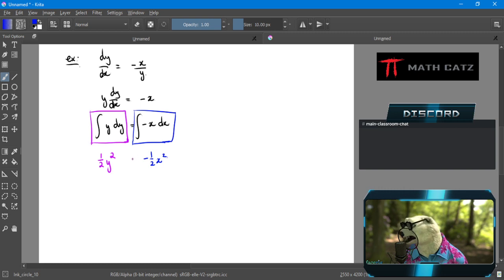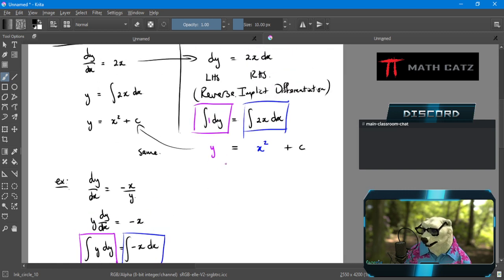And then I put it together with just the constants grouped into the constant C. So here, just like before, I have my general solution.